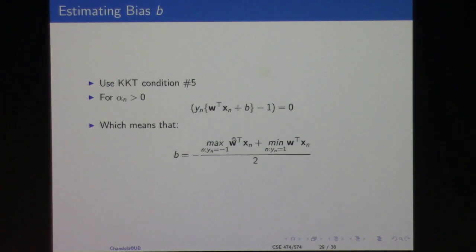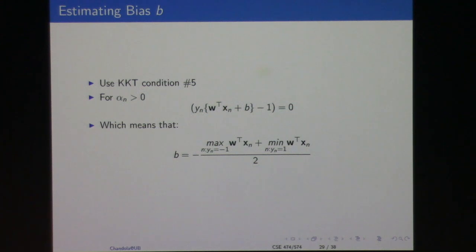You take all the negative examples, compute B using those, and take the one that gives you the max value; then take the positive examples and take the one that gives you the min value, and take an average of those. So it's kind of a heuristic. Ideally, for all n's you should get the same B because they're all satisfying the constraint, but that will not happen, so we do this sort of averaging. All right? Any questions so far?